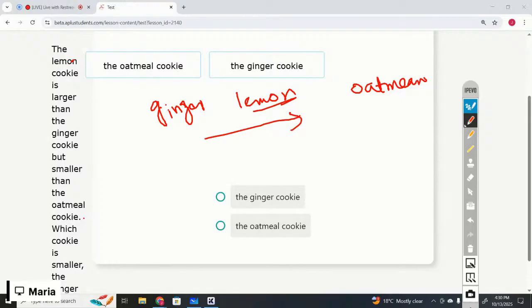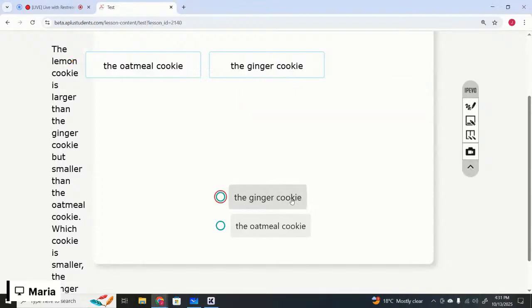So, which is the correct option? The ginger cookie is the smallest one.